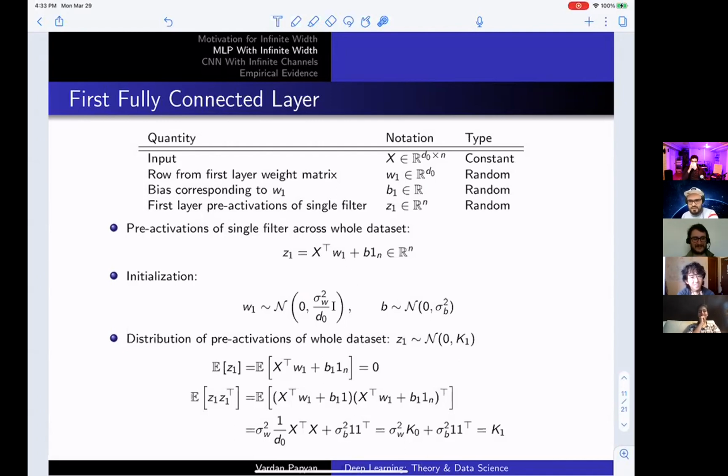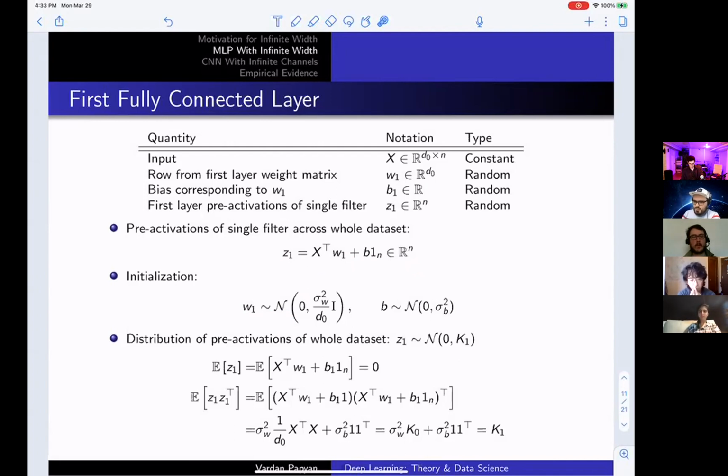Please do forgive me. So what we're going to do is recall that a deep network is usually initialized with entries which are just taken from a normal distribution. So this is a multivariate normal distribution, which in reality has independent entries, right?